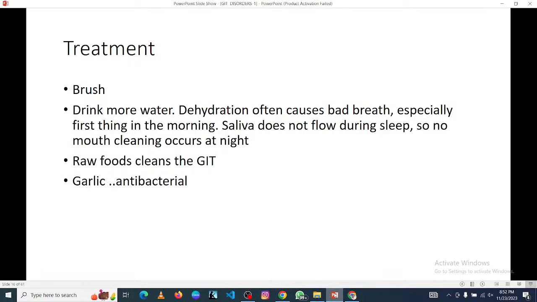So garlic will really help to kill the bacteria that are causing that particular bad breath. Because when there's a lot of bacteria in your colon or in your ileum, they normally lead to build up of gas that at times can come out through belching or the bad breath.